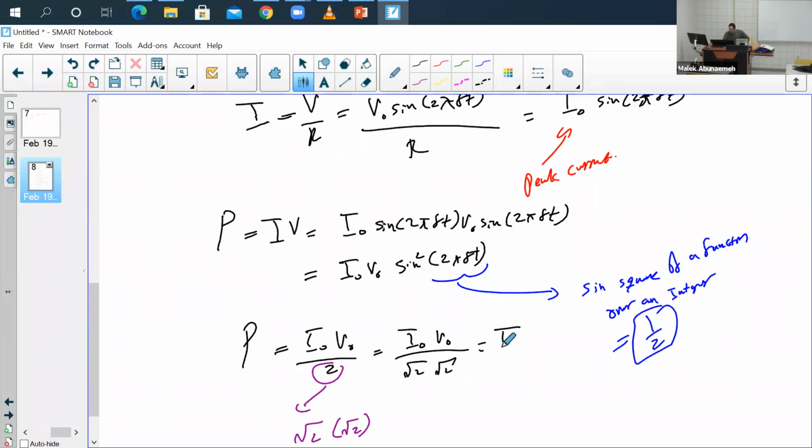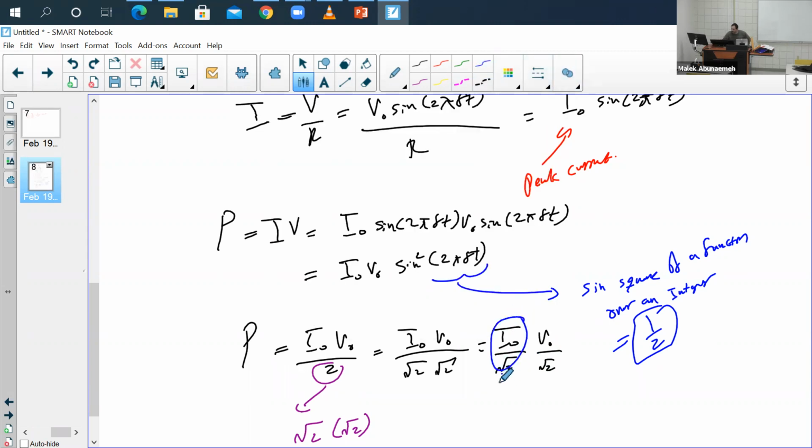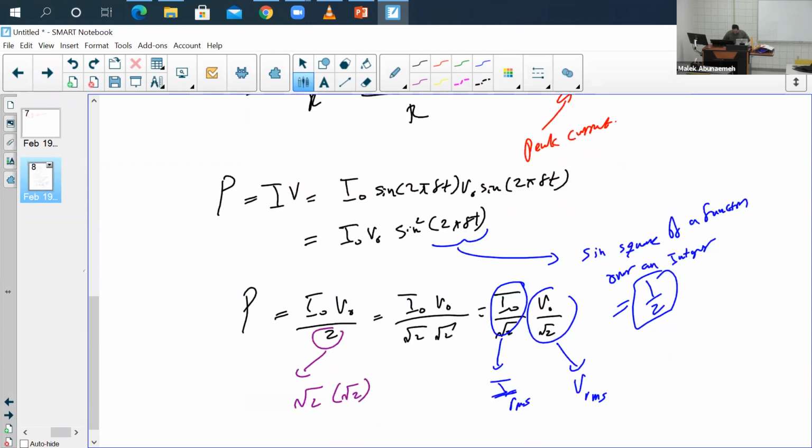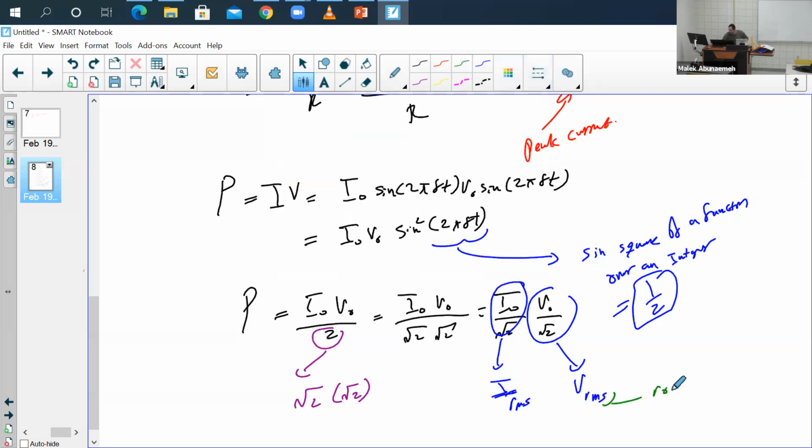So basically what we have is I naught over square root of 2 multiplied by V naught over square root of 2. And that would be your I root mean squared, and this would be your V root mean squared. Let me just write this down. RMS is root mean square.